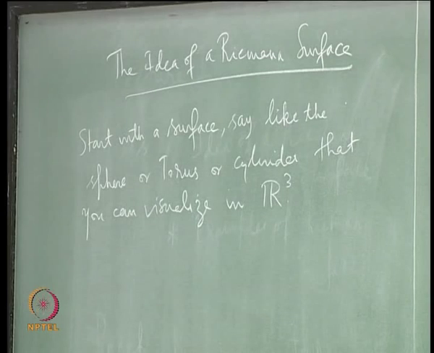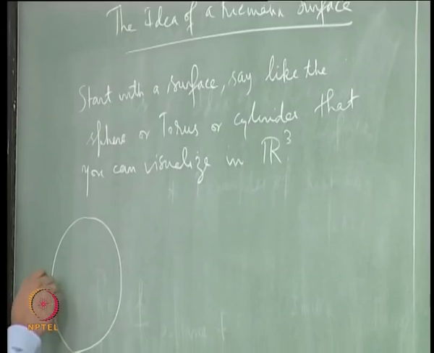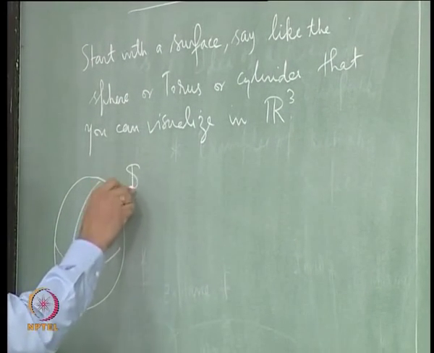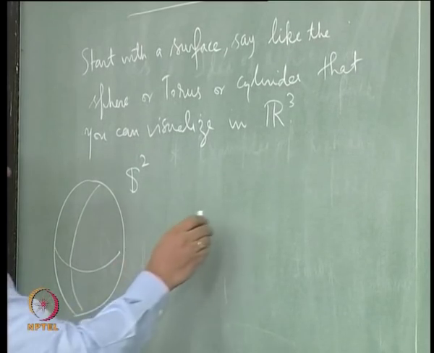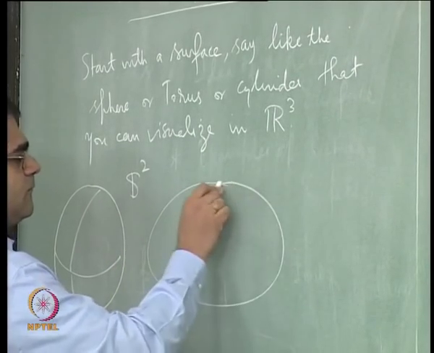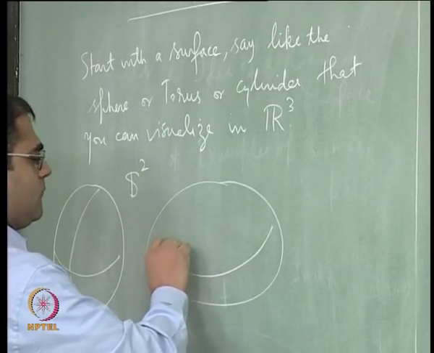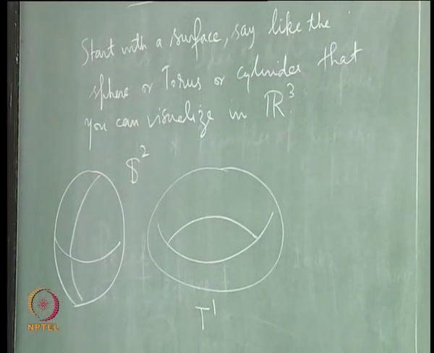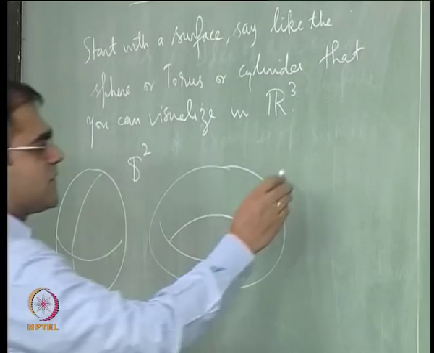So let me draw pictures of these. So here is the sphere S2, and then here is a torus which we call T1, and then you can also think of a cylinder.